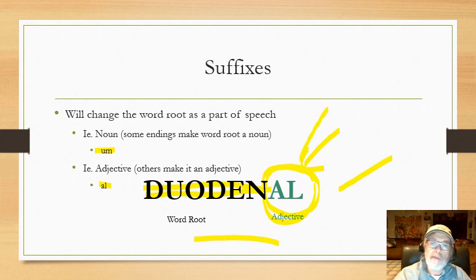So it's basically something that describes a noun. Just by changing a couple letters at the end of a word makes a difference. Duodenum, the name of that structure. Duodenal, something that describes what's going on, like a duodenal ulcer, duodenal tumor, duodenal rupture, whatever the case may be, okay?